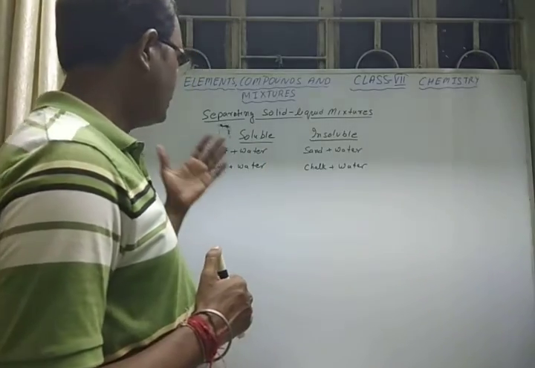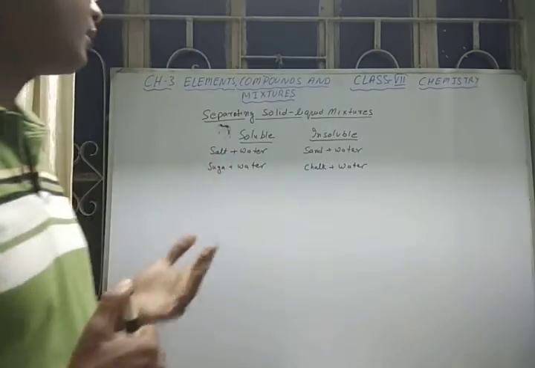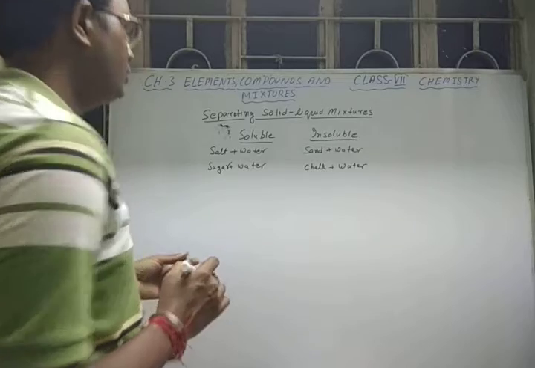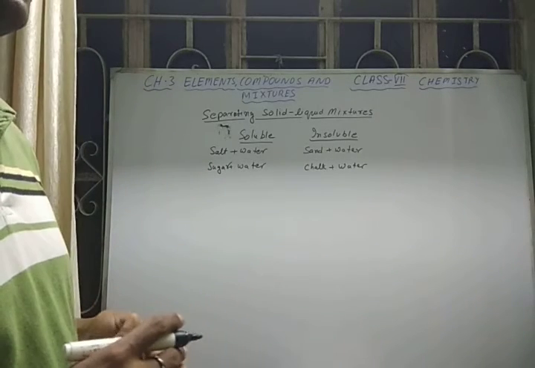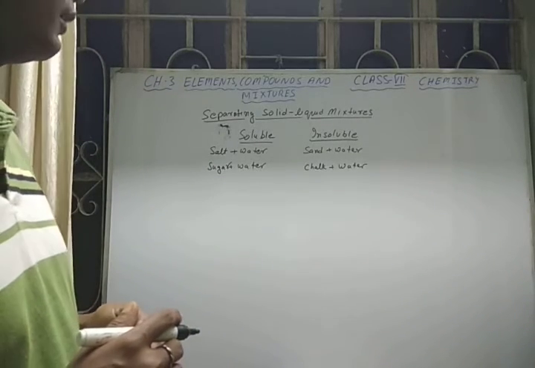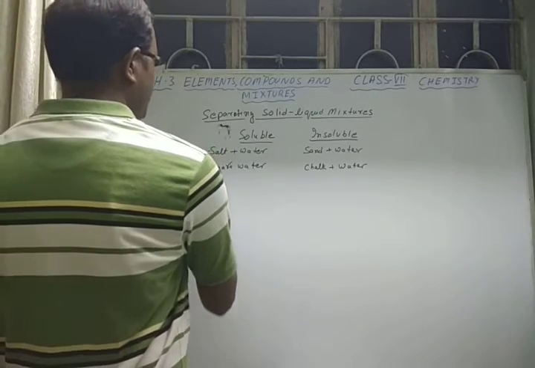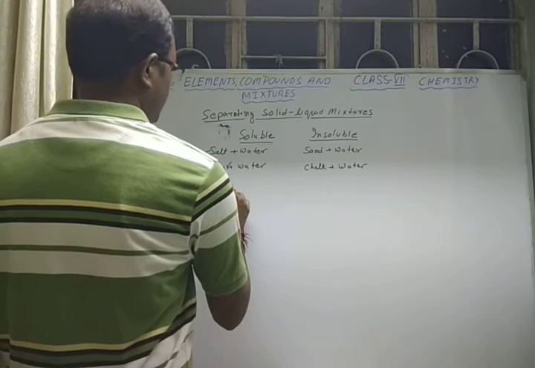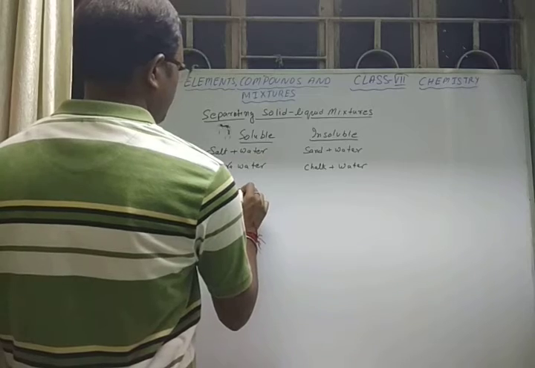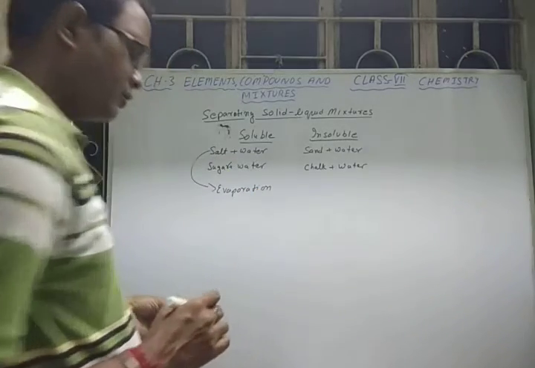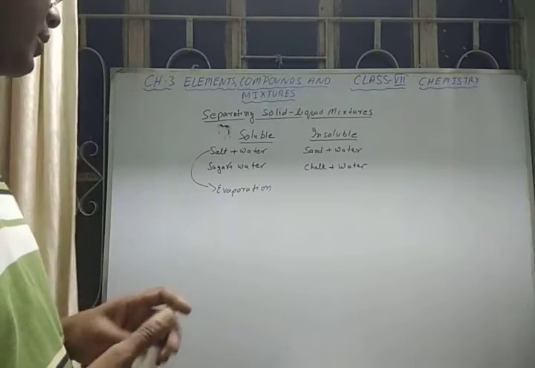So if we take salt and water, sugar and water type of solutions, how will you separate these components from the mixture? For this process, to separate salt and water, we can go for evaporation. So what is evaporation?